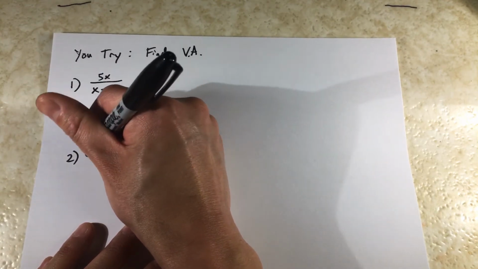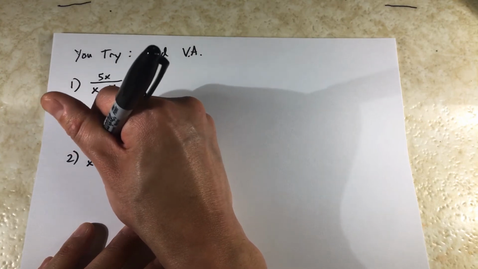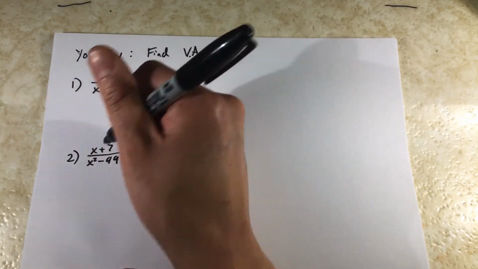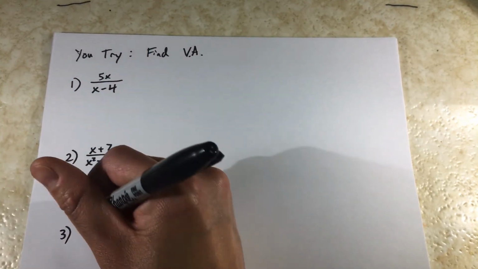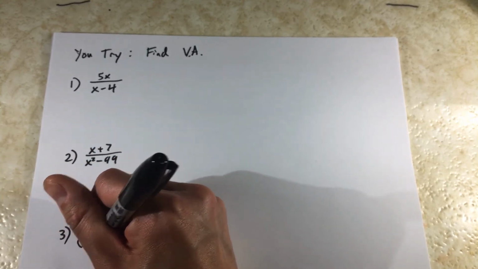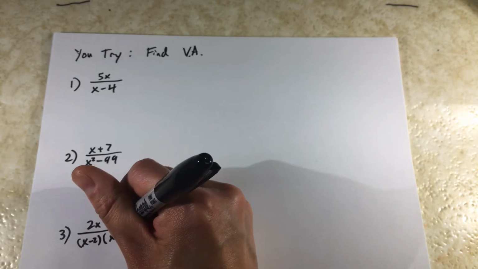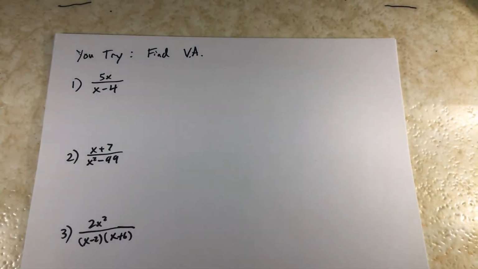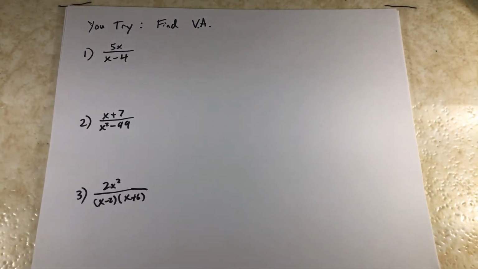Then x plus 7 over x squared minus 49, and 2x squared over x minus 2 and x plus 6. All right, so why don't you try to find the vertical asymptotes. Again, you can pause the video and try it yourself. I'm going to count to 3 in my head, and then I will go through it.